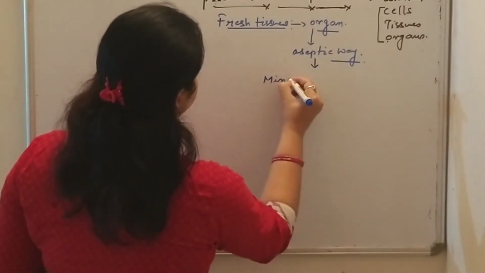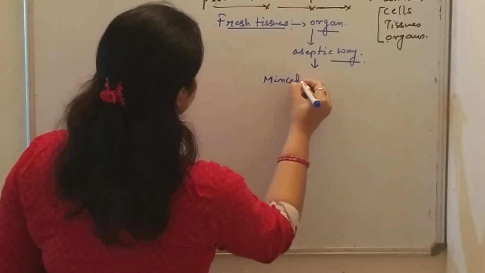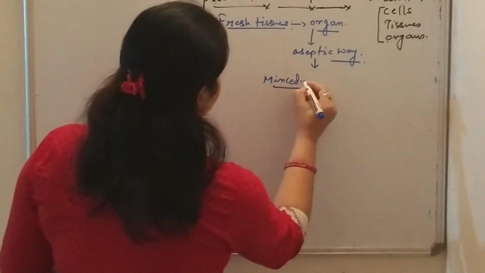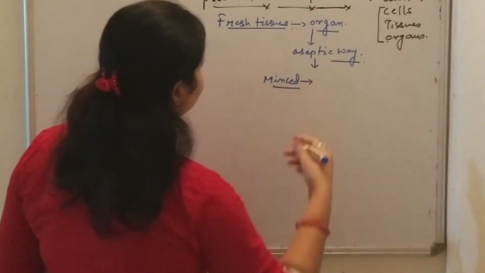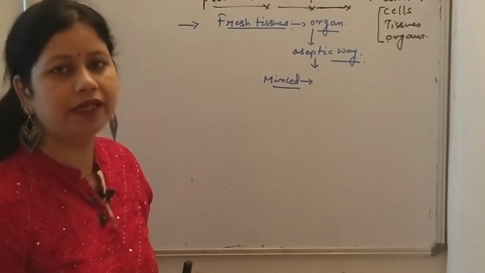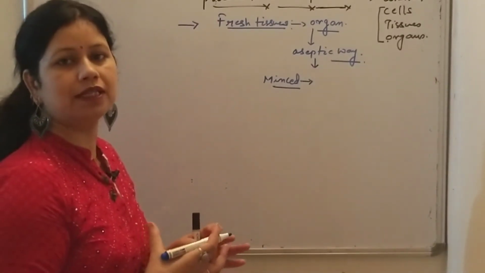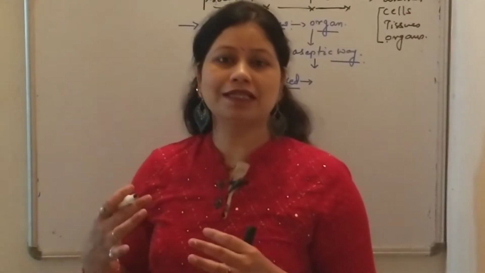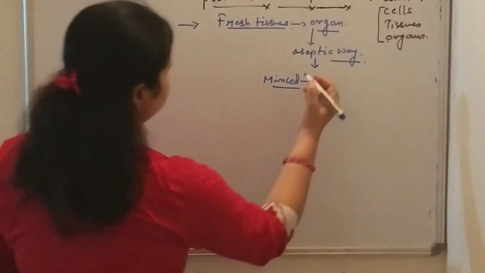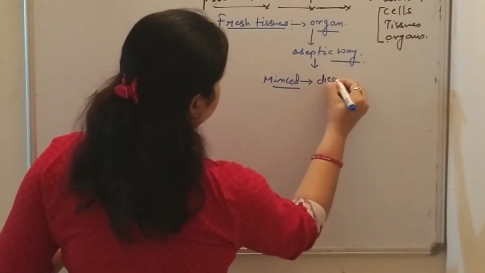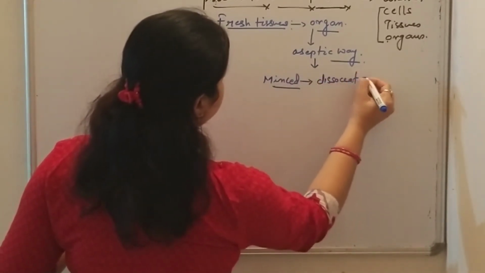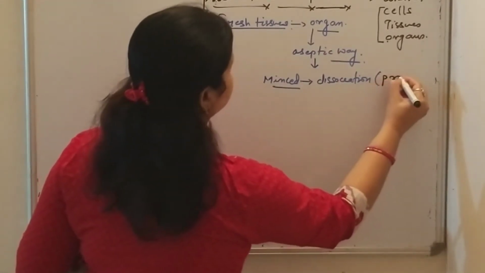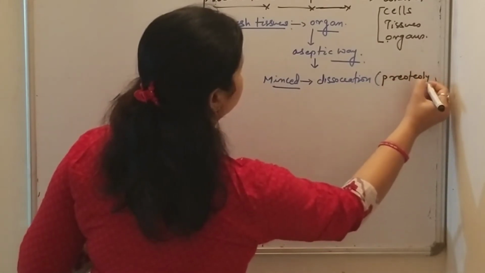These are minced with a sharp sterile razor, and after that they are dissociated. Dissociation will take place with the help of proteolytic enzymes, we use proteolytic enzymes to dissociate the tissues.